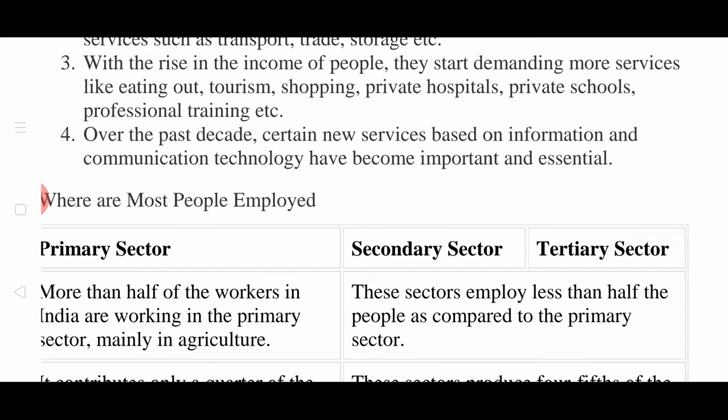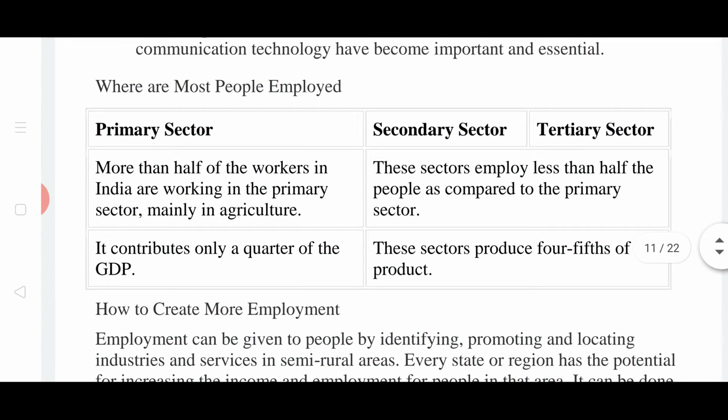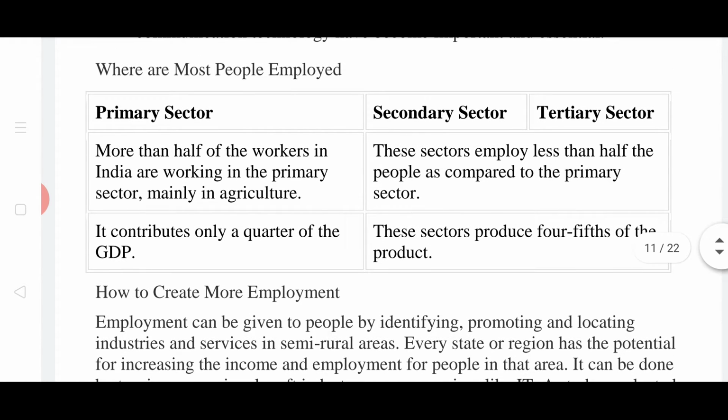Now we are discussing where most people are employed. We have seen the comparison of all three sectors with the help of a bar diagram. Here we can understand with the help of a theoretical explanation. More than half of the workers in India are working in the primary sector, mainly in agriculture. More than 50% are in agriculture and less than 50% are in both the other sectors, that may be secondary or tertiary.